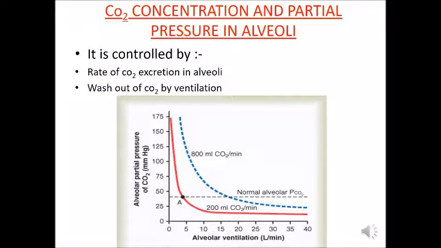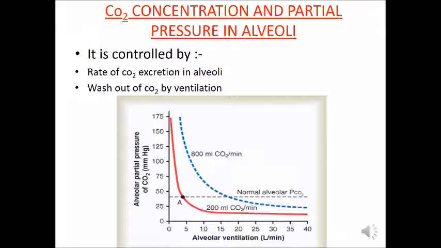When alveolar ventilation increases, carbon dioxide washout occurs, so PCO2 decreases. And when alveolar ventilation decreases, carbon dioxide will accumulate in the body and PCO2 increases. In normal resting condition, about 200 ml per minute of carbon dioxide will diffuse at lung level.